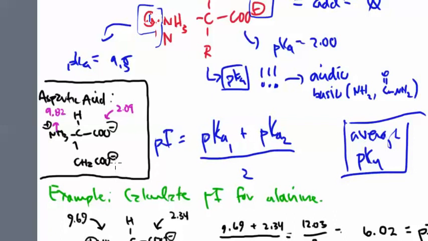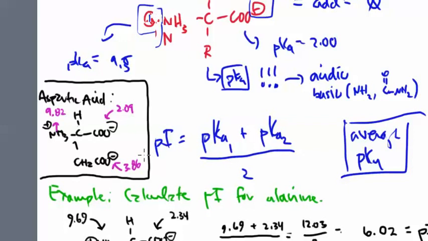And then you'll also see a third column that's listed, and it will say pKa of the side chain. Well, this is the side chain. This is the R group. That's what that represents. So this has a proton that can get lost. It's an acid, so it will probably be on the low end. And sure enough, it is. This is 3.86. Okay, so how do I calculate the pI of something like aspartic acid or aspartate?